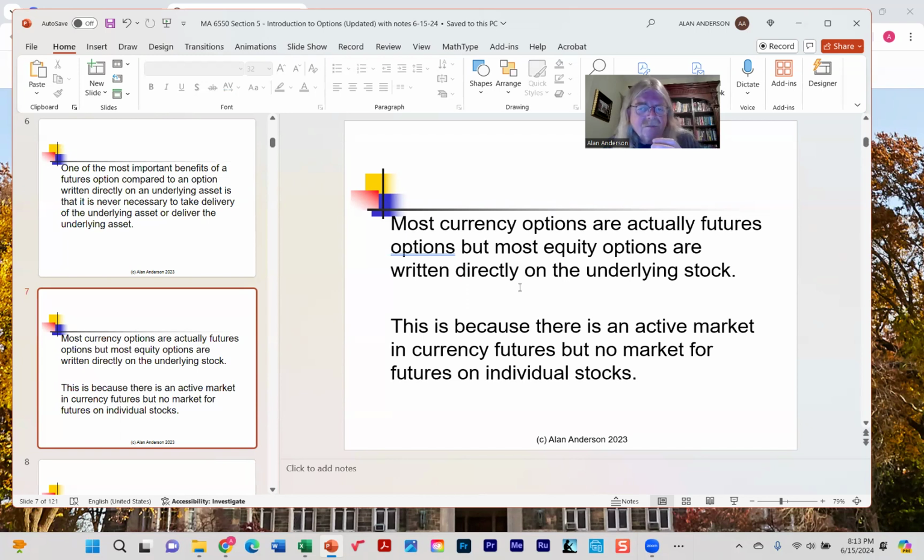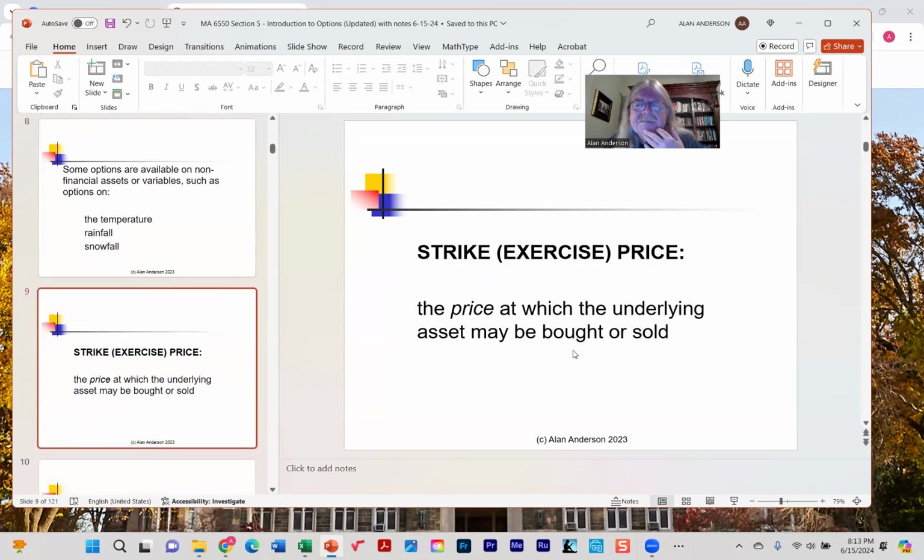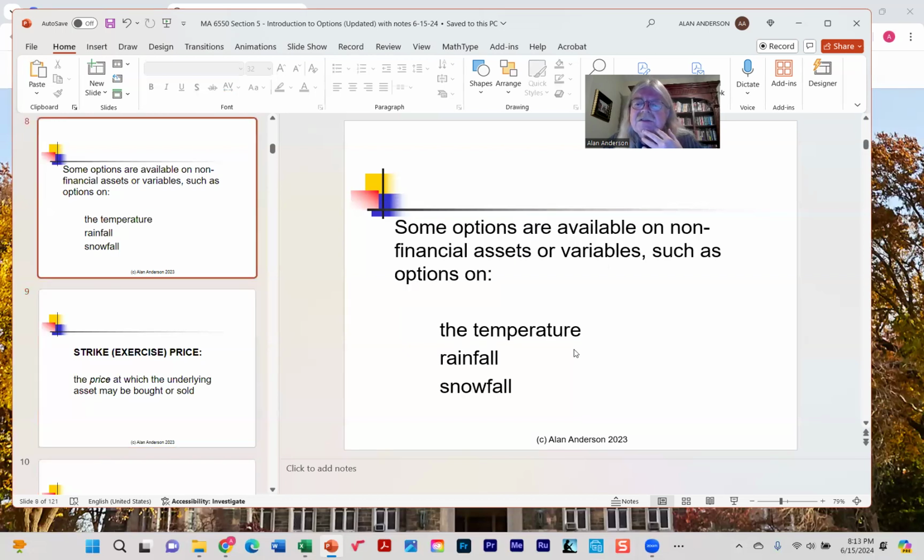And if I want to exercise my option, I have to actually buy the Apple stock. Now, here are some of the bizarre ones I was mentioning before. We have options on the temperature, on rainfall, and snowfall. These are obviously very specialized cases, but they do exist. There are investors out there who need these, and so they are available.